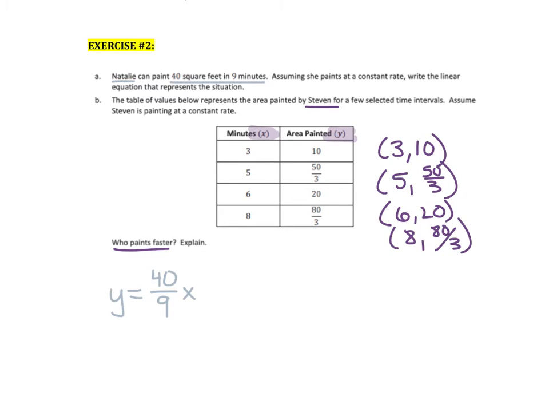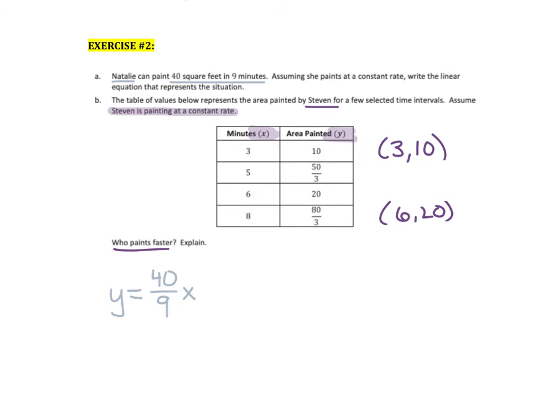Now, I don't love to work with fractions, so I'm not going to use this one, and I'm not going to use this one. If you recall, slope is the same across the data, and it even tells us right here, Stephen's painting at a constant rate. So whether we look at his 3-minute interval or his 6-minute interval, it's the same rate.